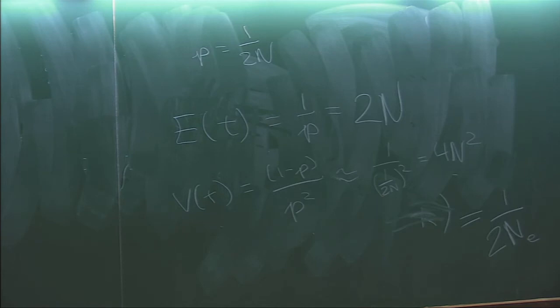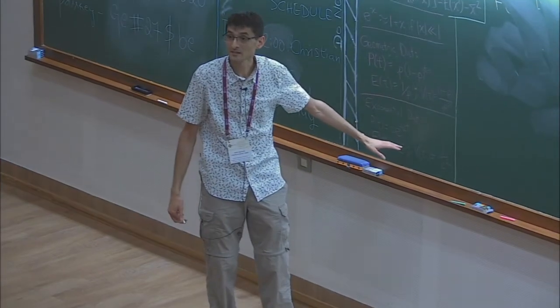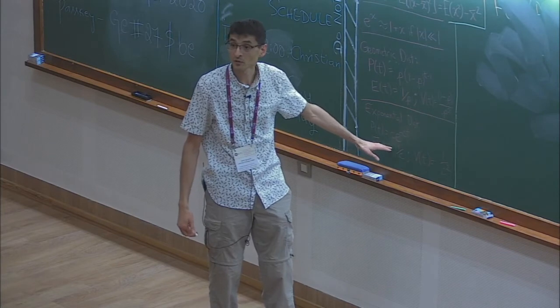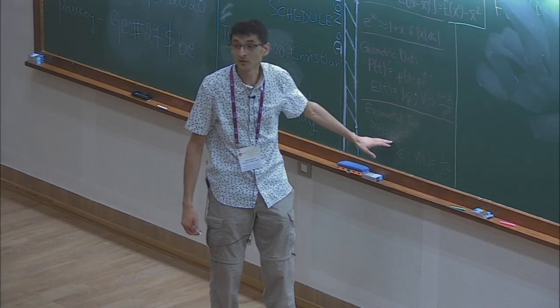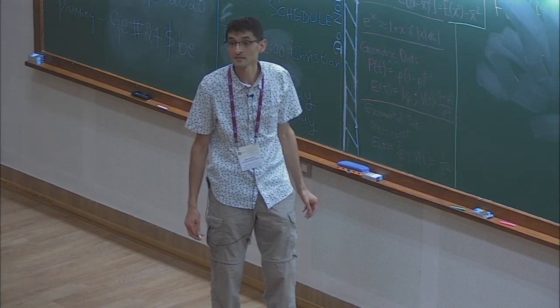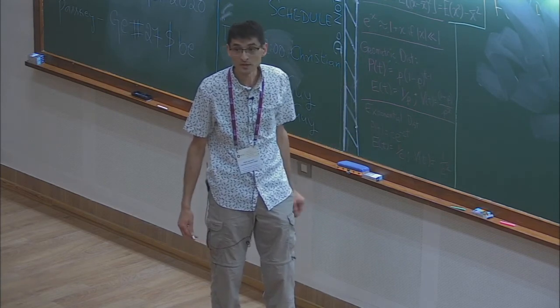Instead of using the geometric distribution, we often use the continuous time equivalent of that, the exponential distribution, which has the form I've written here, where c is the rate of coalescence on the appropriate time scale.